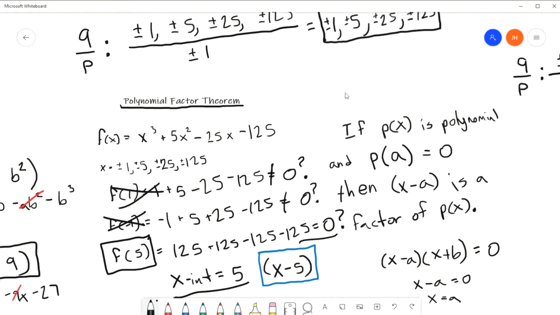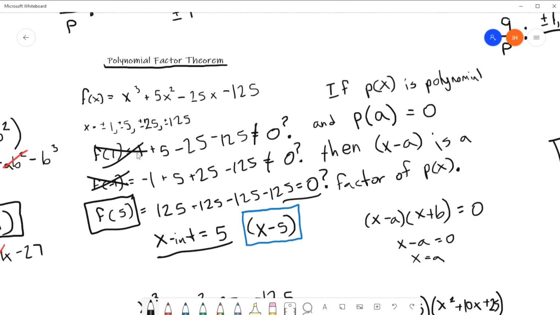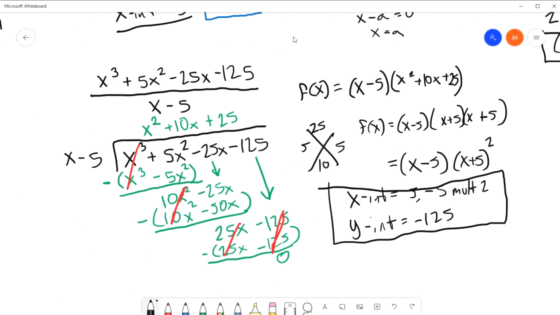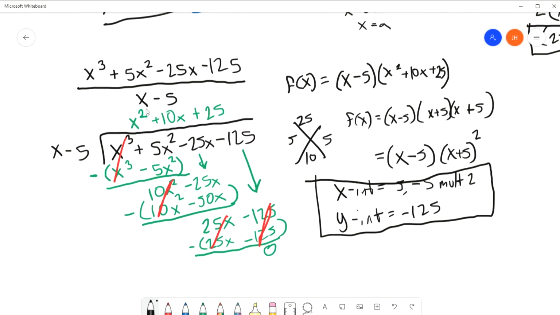Then we use the polynomial factor theorem to test those zeros. We said, okay, if I plug it in, does it equal 0? Once you find one that does equal 0, that gives you the factor, right? Because if the 0 is at 5, then the factor is x minus 5. And finally, you use long division to divide that factor out.